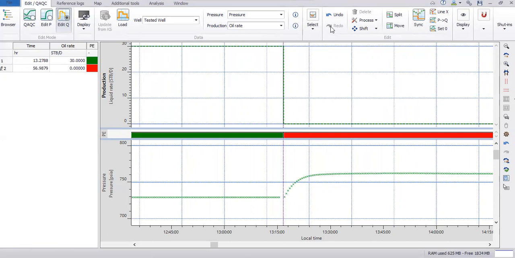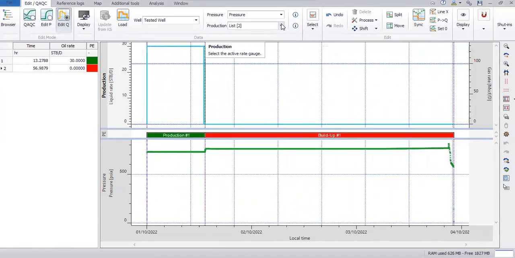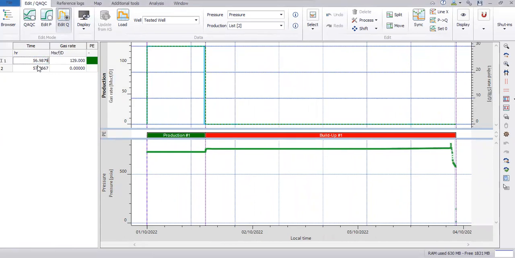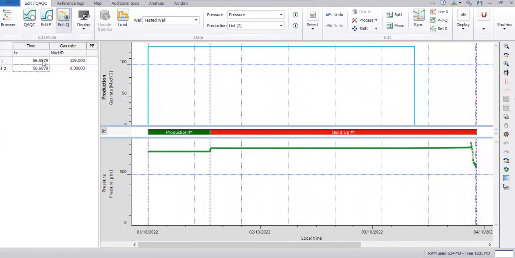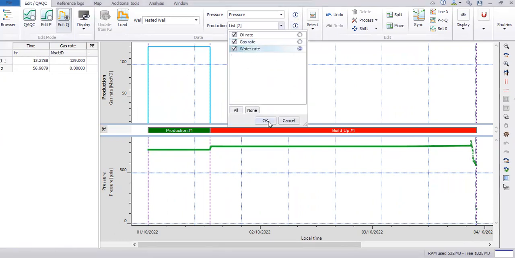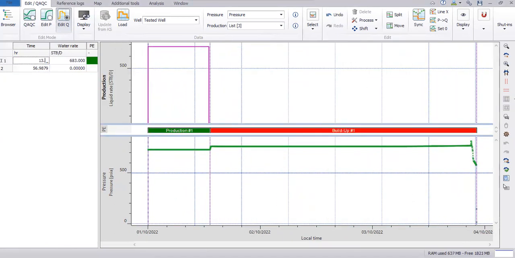Okay, so of course use that as well for the gas. Sorry, not that one. And this one is 13.2788. And lastly, for the water, 2788. All right. So, yep.